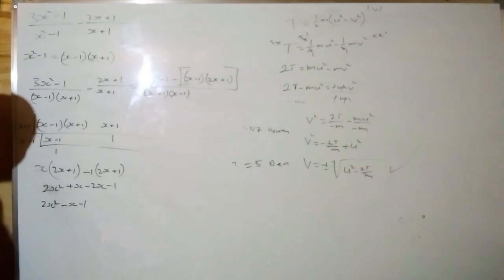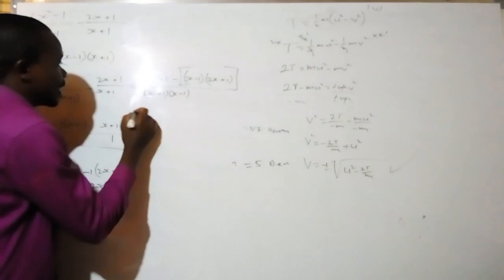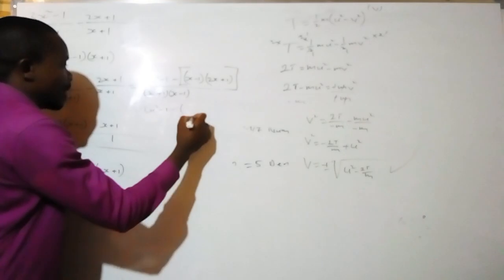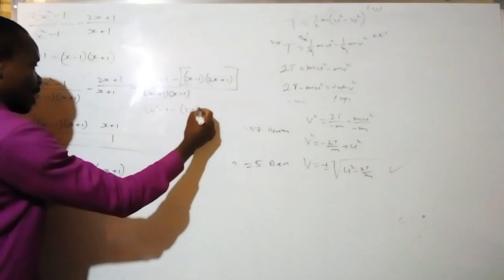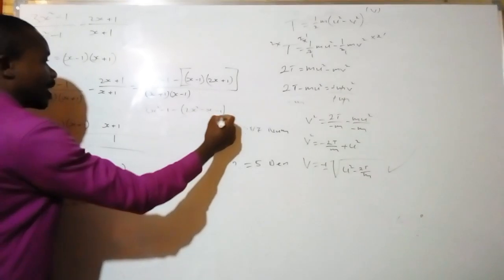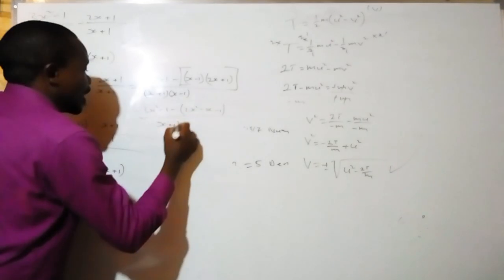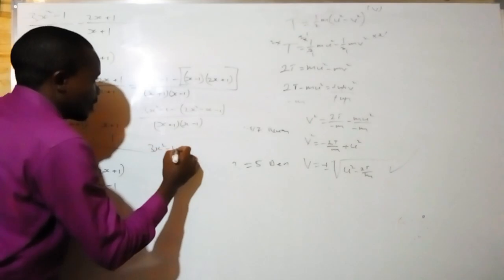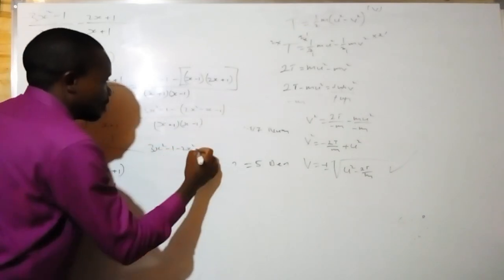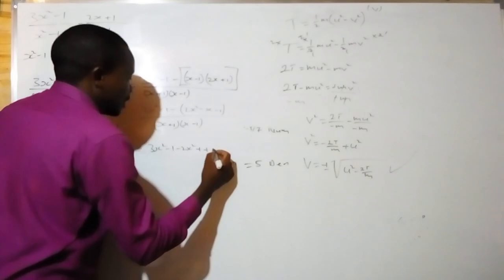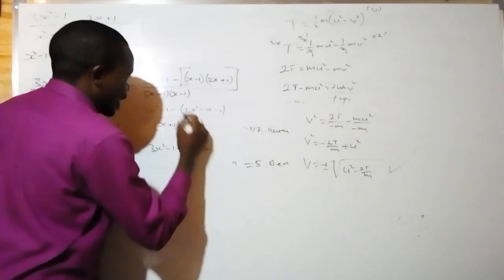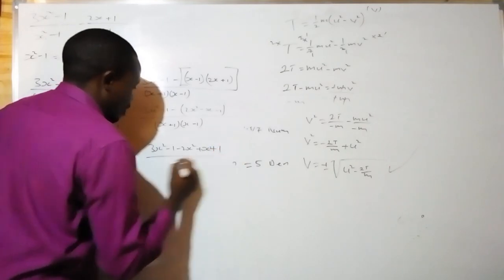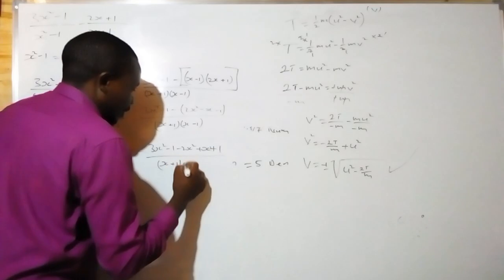Then you can come here and say 3x squared minus 1 minus, put this in brackets, 2x squared minus x minus 1, all over x plus 1, x minus 1. 3x squared minus 1 minus 2x squared, negative negative plus, plus x, and another plus, then 1, all over x plus 1, x minus 1.